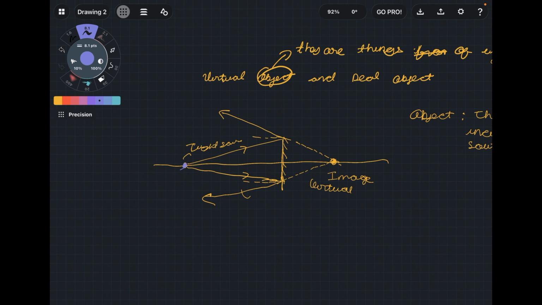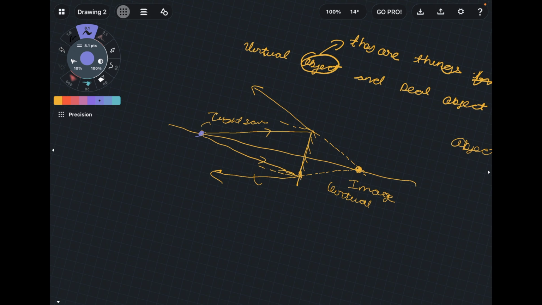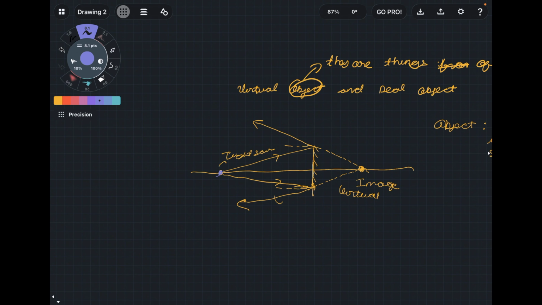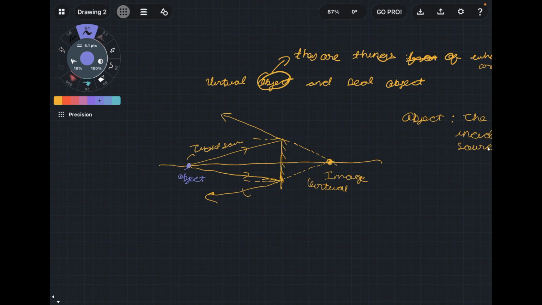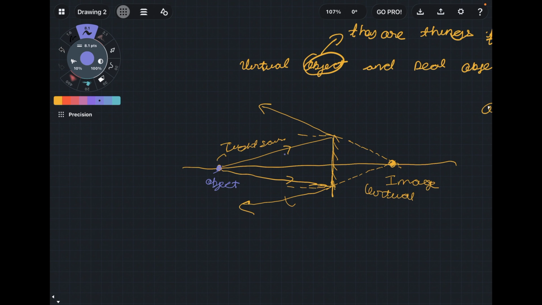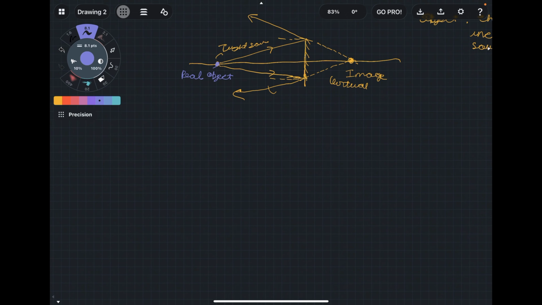So in this case, our light source is also our object. So this is an object. This is also an object. And because the incident rays are actually intersecting, and they're intersecting in front of the mirror, this will be a real object. So we have a real object here.